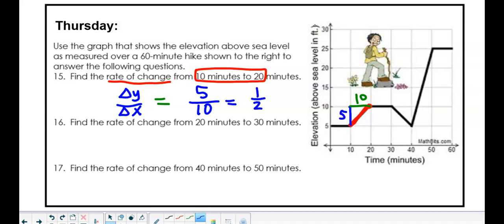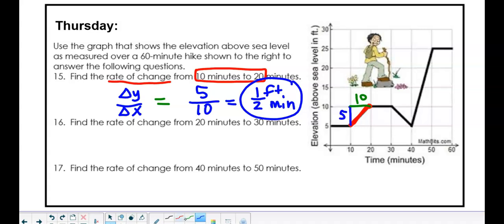Now what we need to do is use our labels to label our fraction. So the y label is what we put in the numerator. So 1 foot per 2 minutes. 1 foot every 2 minutes. Now, that's the rate. It's not the unit rate, but it is a rate of change.